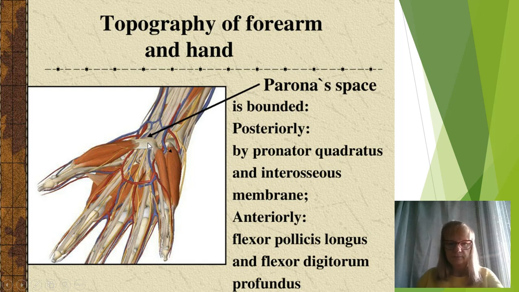Anteriorly, we have the flexor pollicis longus tendons visible here, and flexor digitorum profundus. If you remember, flexor pollicis longus and digitorum profundus are the third layer of flexor muscles of the forearm, and Parona space is located between the third layer and fourth layer muscles of the forearm.